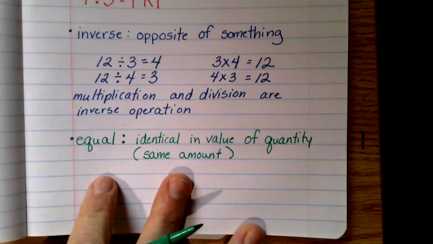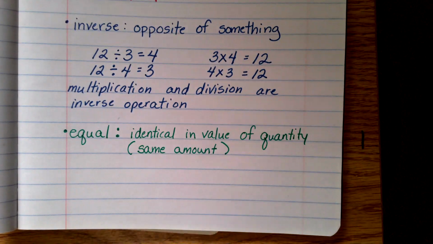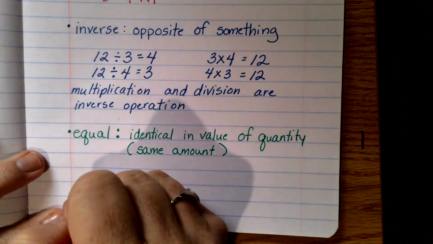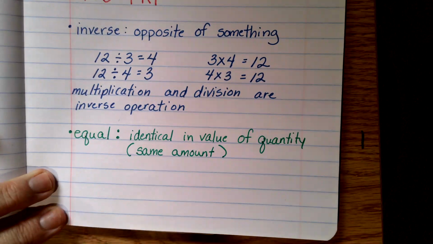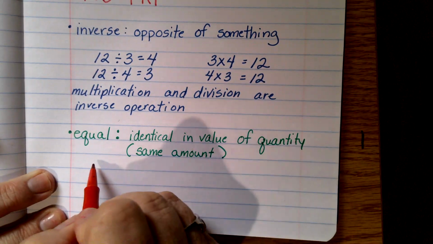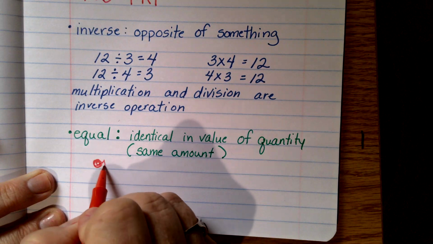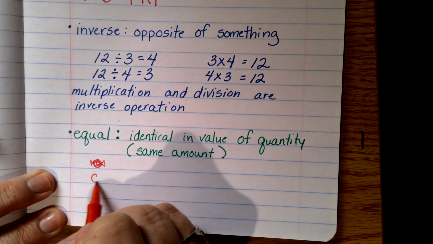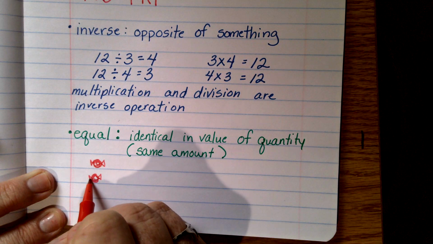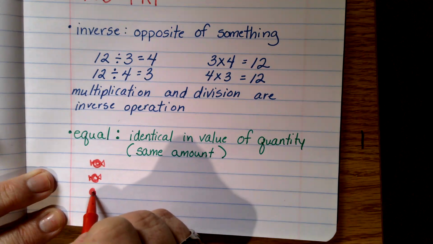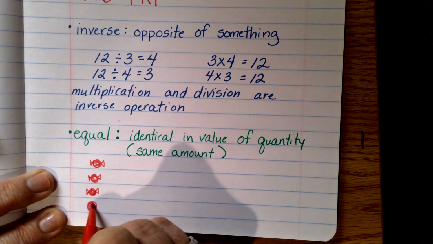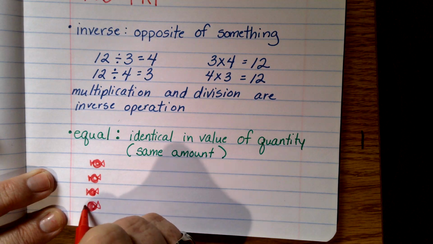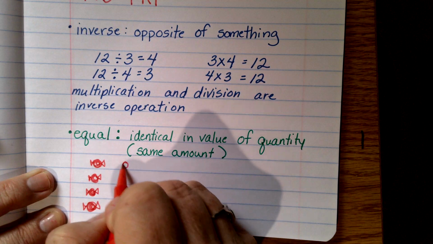So again, if I have, let's say I have 12 candy bars. And actually, we'll just do 12 pieces of candy because I'm not going to have 12. Let's be real. I'm not going to have 12 candy bars. But I might have 12 pieces of candy. Here's 1, 2, 3, 4, 5.